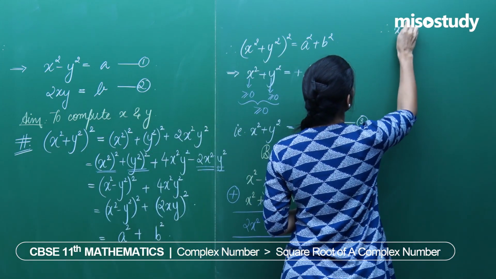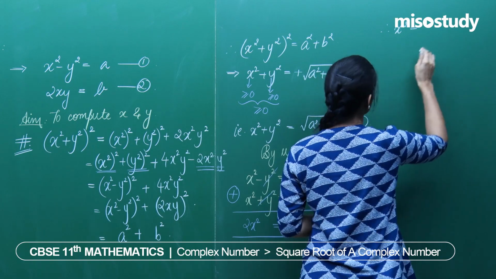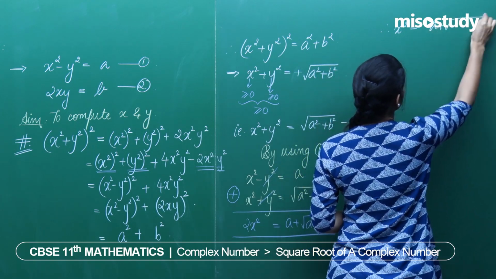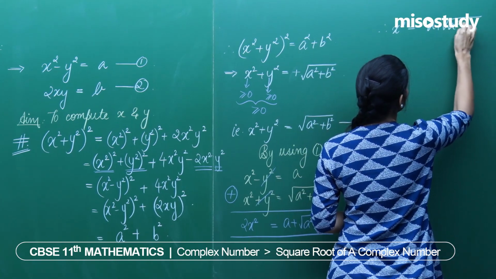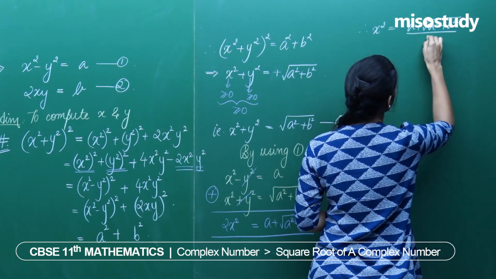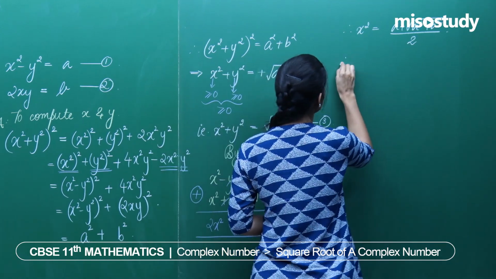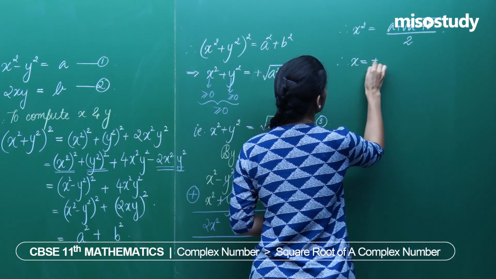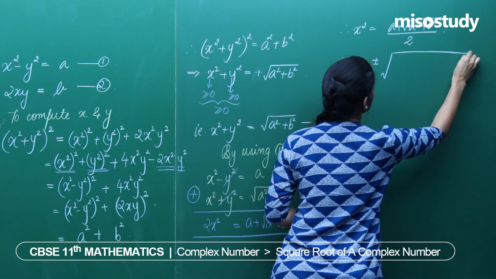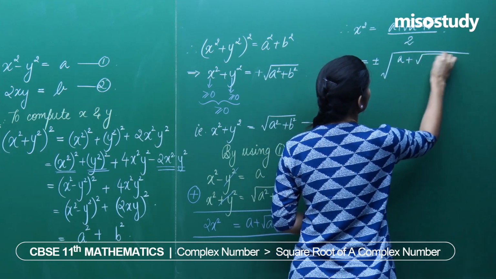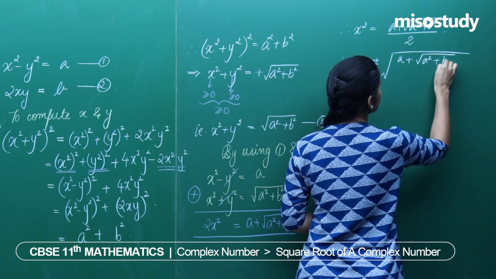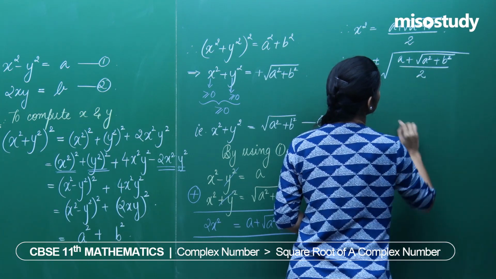Therefore, x square is a plus root over a square plus b square whole upon 2. Therefore, x is plus minus square root of a plus root over a square plus b square upon 2.